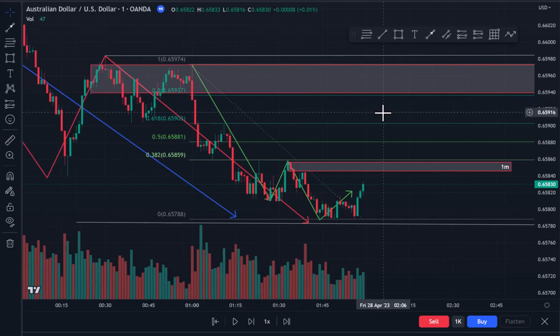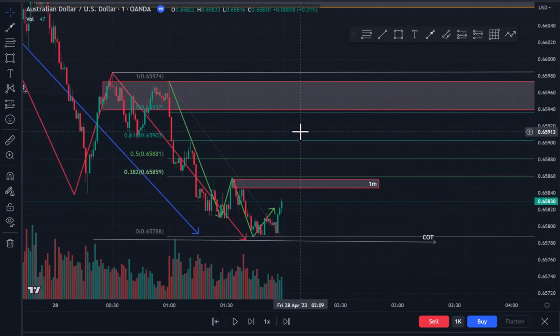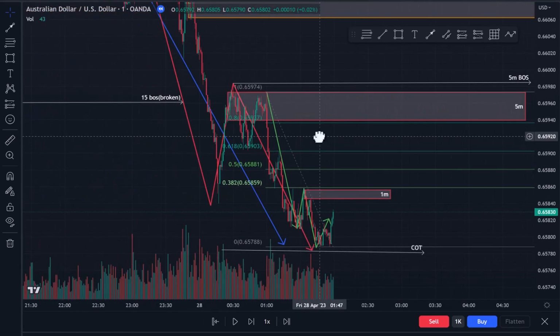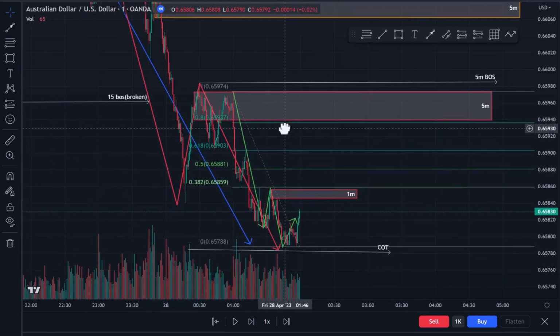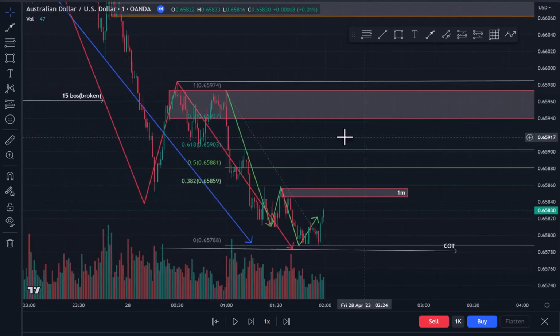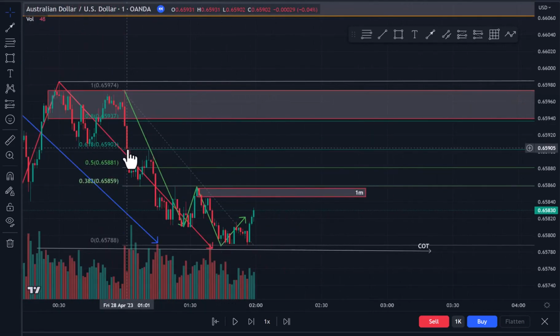I don't have a chart smaller than a 1-minute, so I would just look to trade off of the recent 5-minute key level, since they're so close together. Since we can't go any lower than the 1-minute, I can't tell you if there's an up candle in this big Marubozu down candle here.